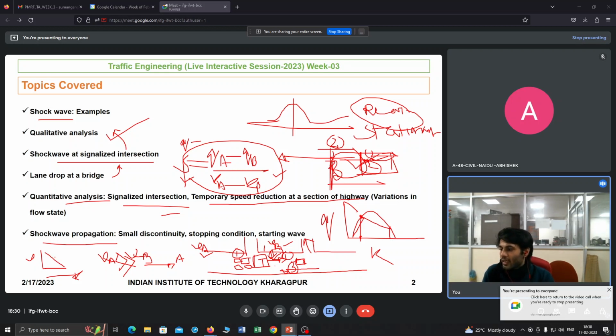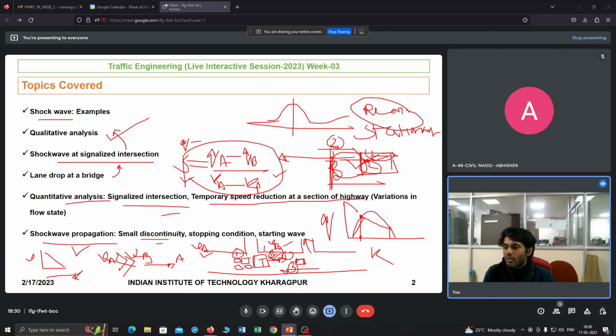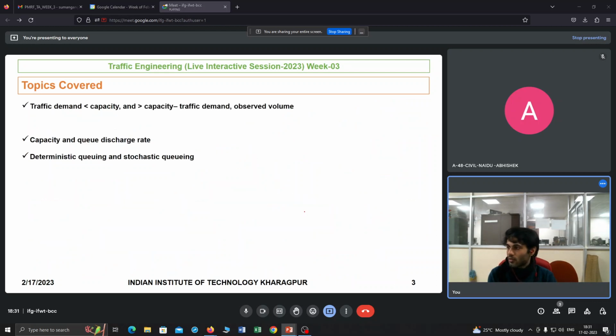Based on that, we can calculate the speed if there is a small discontinuity between two flow states, and if there is a stopping condition, meaning a red signal and vehicles suddenly stop, what is the length of the queue, and how to simplify those calculations. Based on that we use this shock wave propagation theory. And also the starting wave, after the red signal is over and the green signal has been initiated. Maybe we will see some examples and then try to solve them.